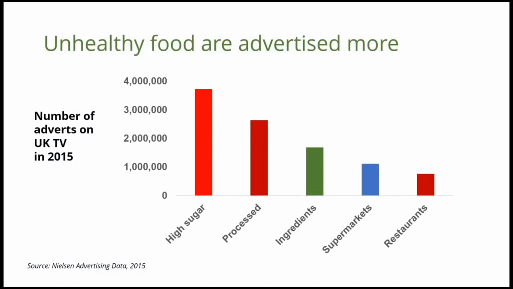In work that we have done estimating the exposure to advertising, we first show that if we look at TV ads, for example, in 2015, unhealthy foods are much more advertised than healthy foods. We also show that households in the lowest income quartile are something like 20% more likely to see adverts for unhealthy foods than households in higher income quartiles.